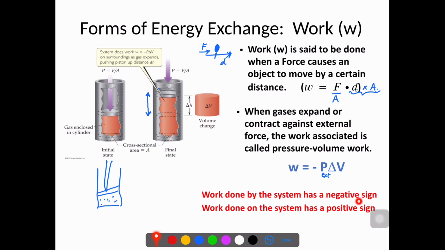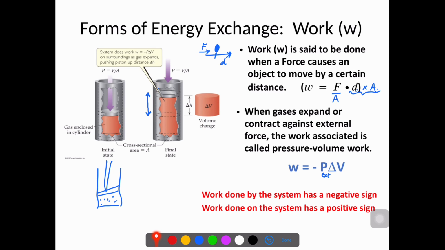On the other hand, if work is done on the system, if you're compressing the gas, if you are pushing the piston down and doing work on the system, the gas gets compressed and its internal energy increases. Since it's an increase, work done on the system is always positive. We represent that with a positive sign. That's how you know whether it's work done on the system or by the system.